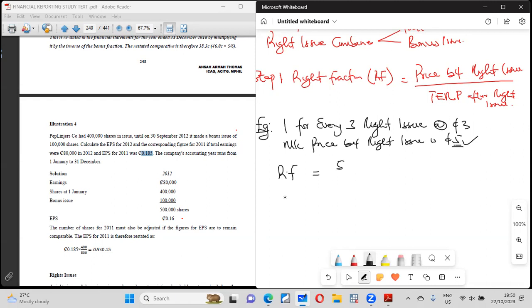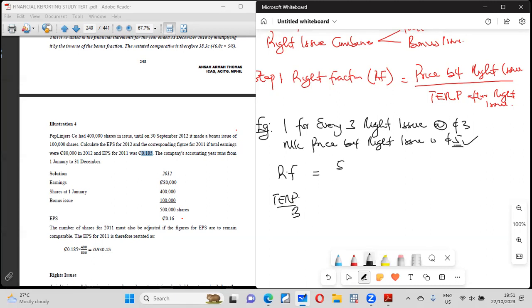Then the TEP, how do you do theoretical XREF price? Theoretical XREF price is taken out of the statement that 1 for every 3. So how do you calculate TEP? The number of shares that existed before, in this statement, is 3. That is the shares that existed before.